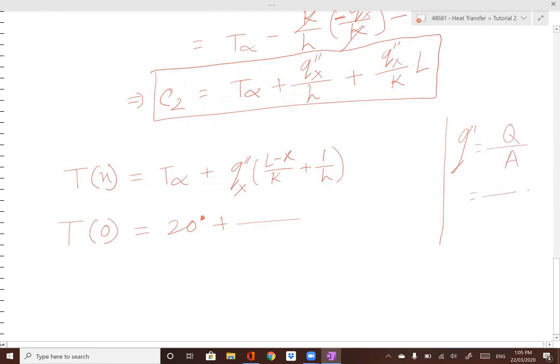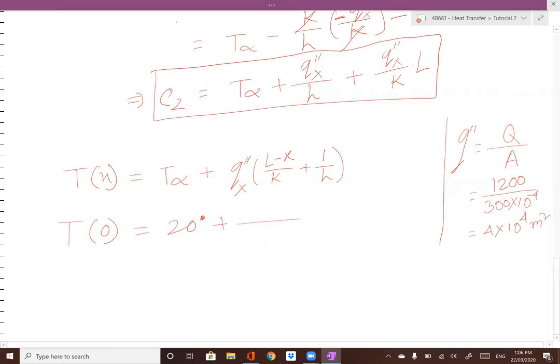Q is given as 1200 watt, and the area is given as 300 centimeter square, which we convert to meter square. So it will be 4 times 10 to the power 4 watt per meter square.